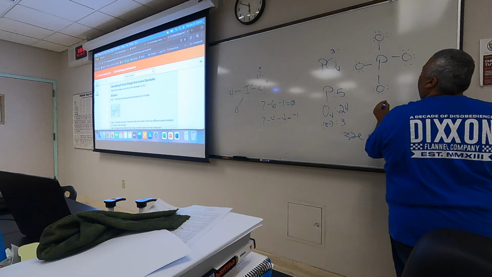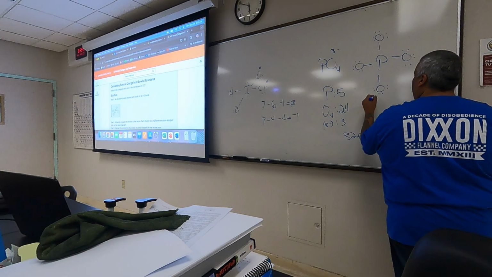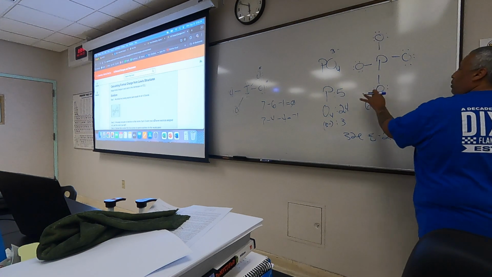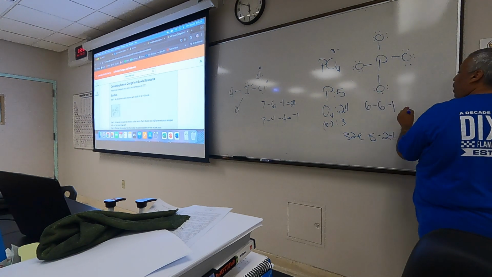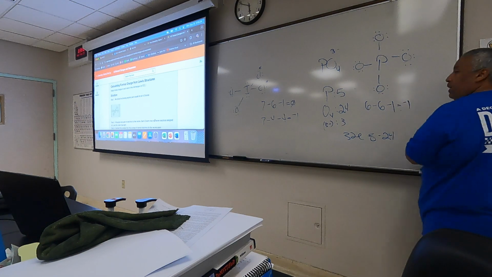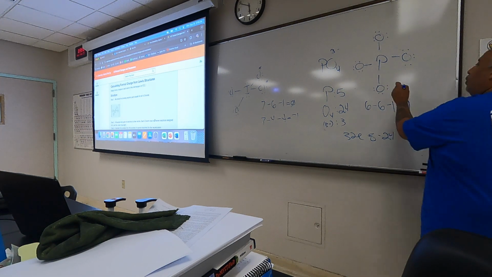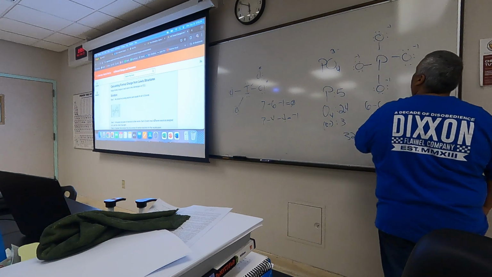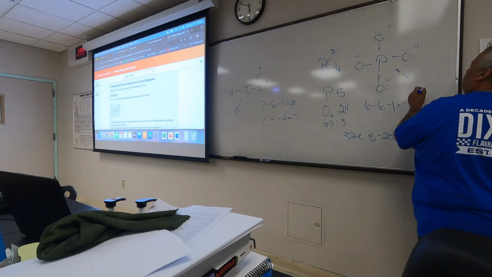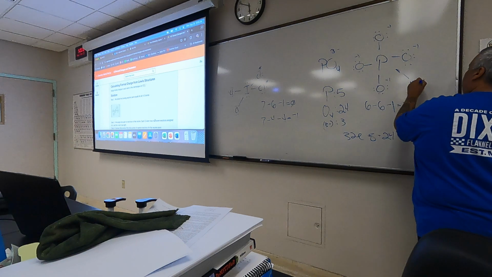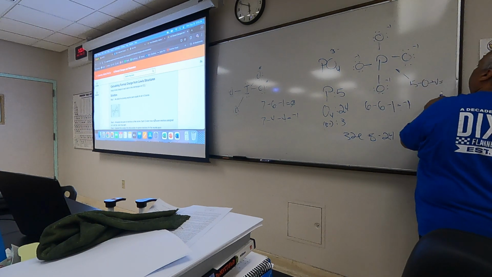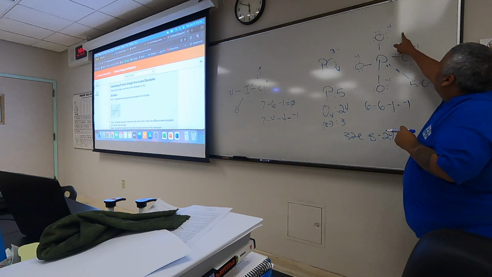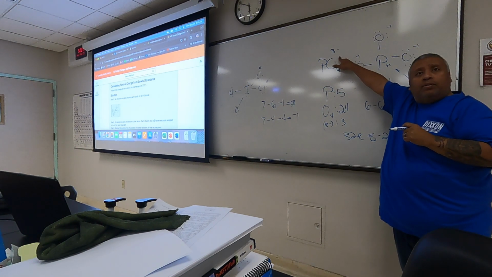Here we have a formal charge of 6 valence electrons minus 6 lone pair electrons minus half the bonded electrons, which is equal to -1. So the formal charge here is -1, this is -1, this is -1, this is -1. And let's figure out what it is for phosphorus. Phosphorus is 5 minus 0 minus 4, which is equal to +1. That does come out to 3-.